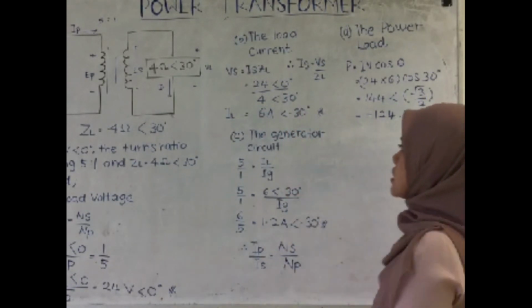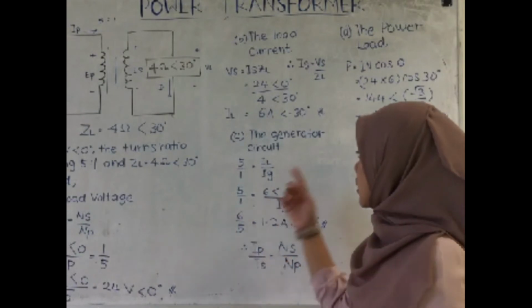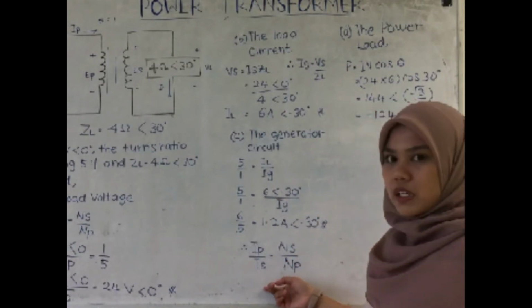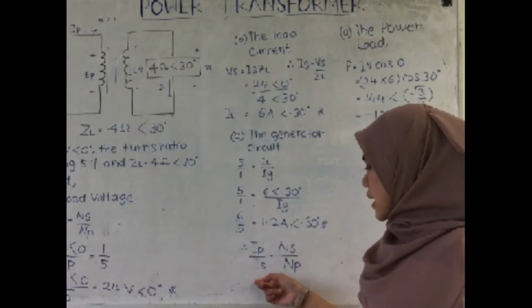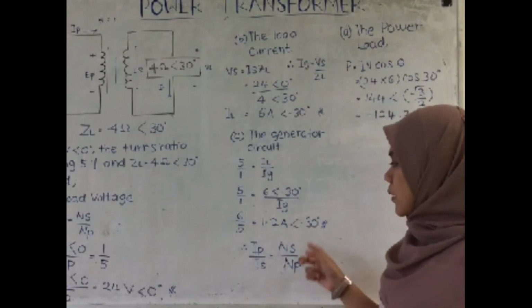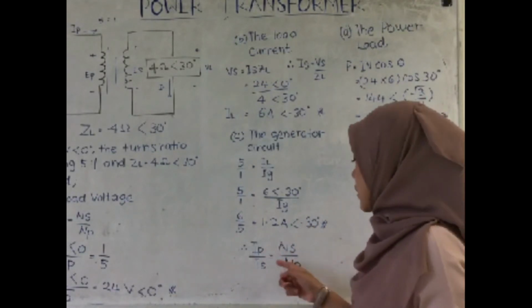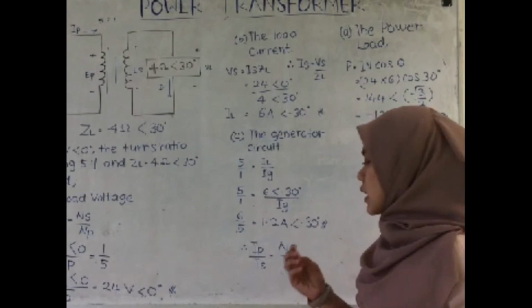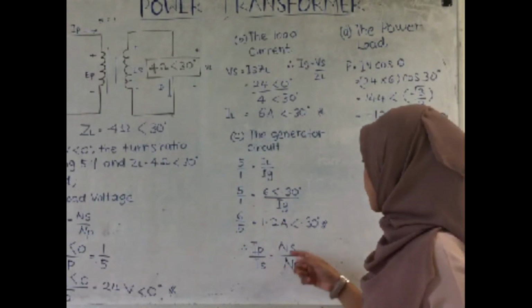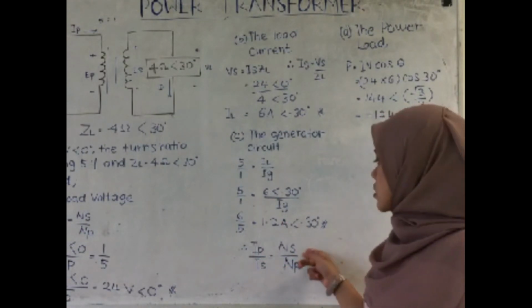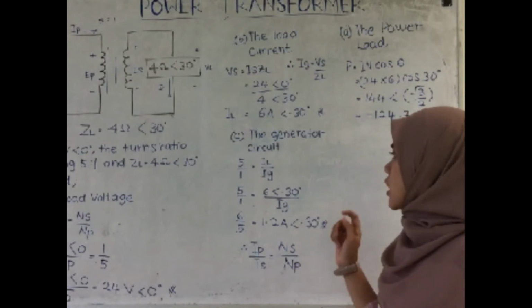Next is the generator circuit. For generator circuit, we use this formula, which is IP over IS equal to NS over NP. IP is current from primary and IS is current from secondary, and NS is turns for secondary and NP turns for primary.